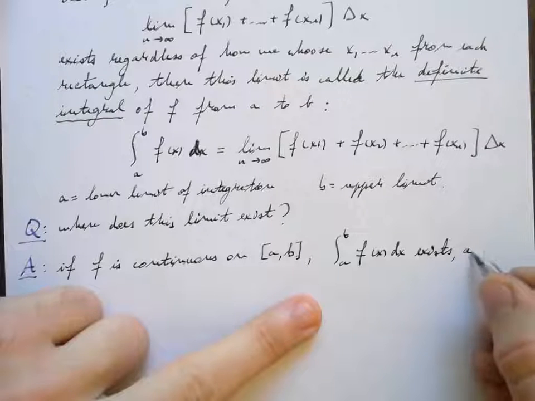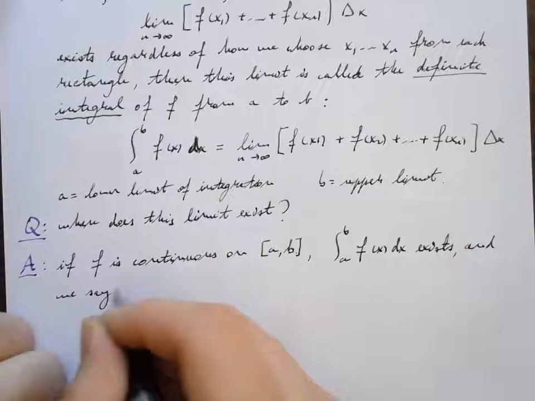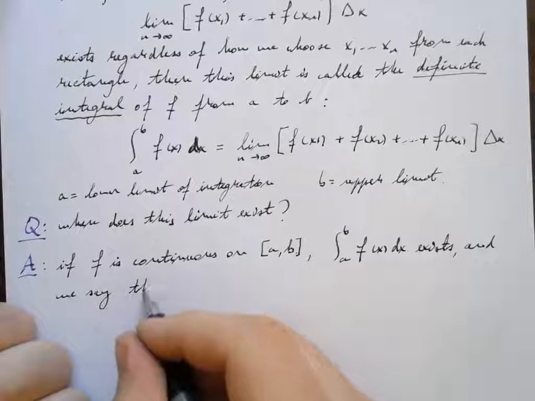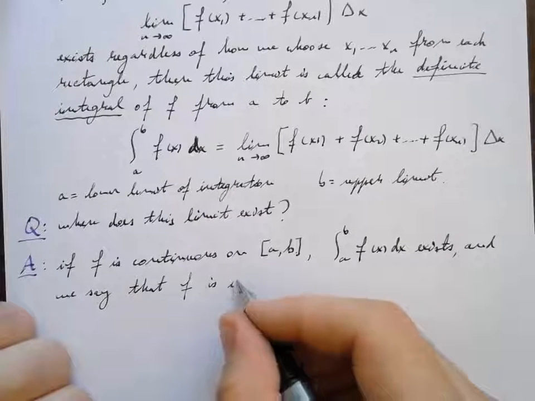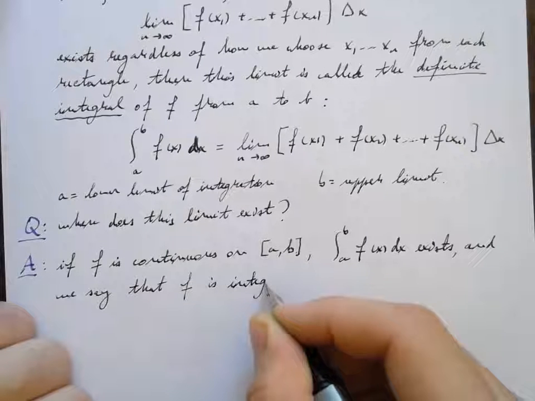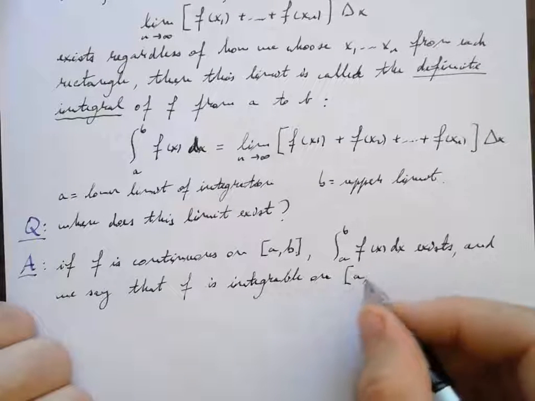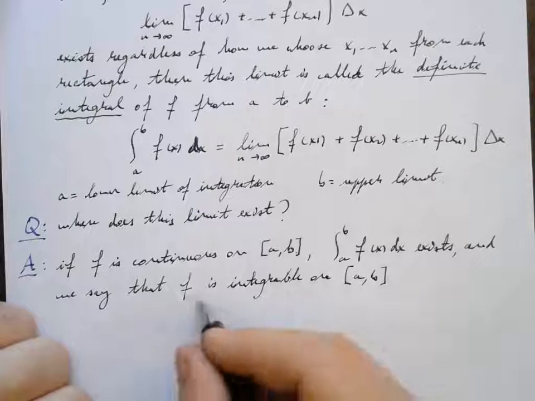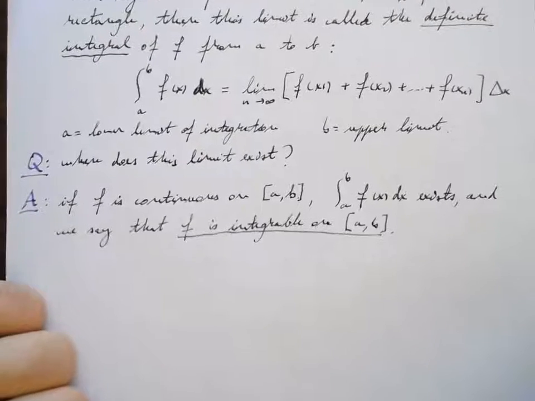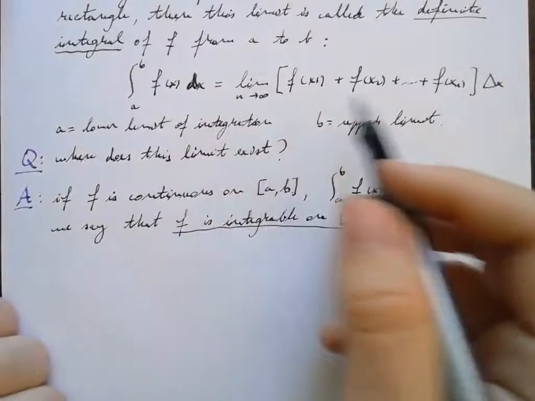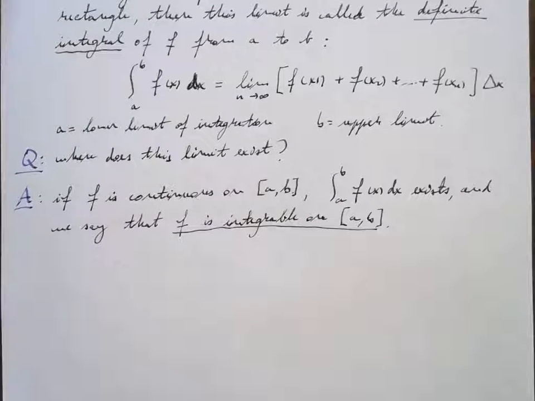And in this case, we say that f is integrable on the interval from a to b. Right? So that integral is going to exist for continuous functions. In other words, that limit is going to exist. We're going to get some number for the area, or in some cases we might get infinity, so that's also possible.